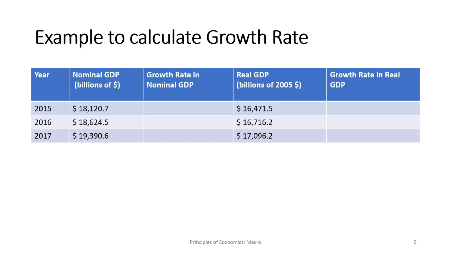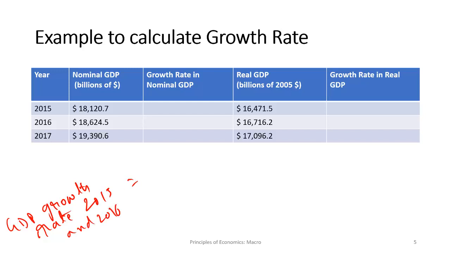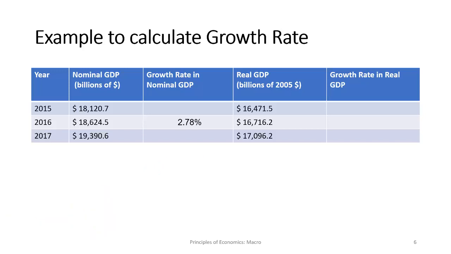To calculate growth rate between 2015 and 2016, you have to bring in current GDP. So in 2016, GDP was 18,624.5.